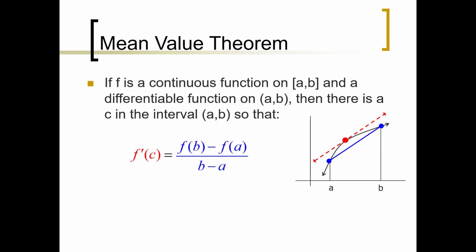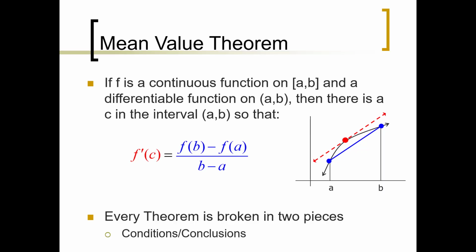It's the average change in the volume of the pool in time. It's also the slope of the secant line. It just basically says there's some value of c in between a and b. So if you look, the tangent line is parallel to the secant line that connects the points (a, f(a)) and (b, f(b)).